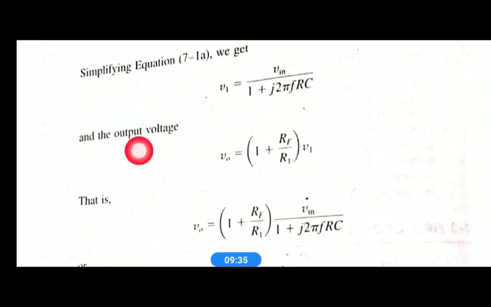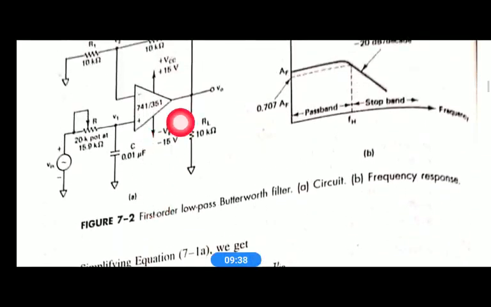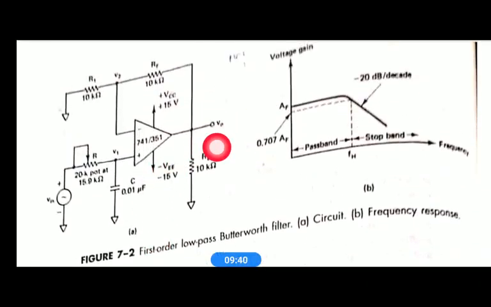So we know, you see the diagram here, the output voltage is the voltage V1 multiplied by the gain of the non-inverting amplifier, which is 1 plus Rf by R1, into V1. V1 is applied at the non-inverting terminal. That V1 we calculated here, which is Vin divided by 1 plus j 2 pi fRC, you equate here.